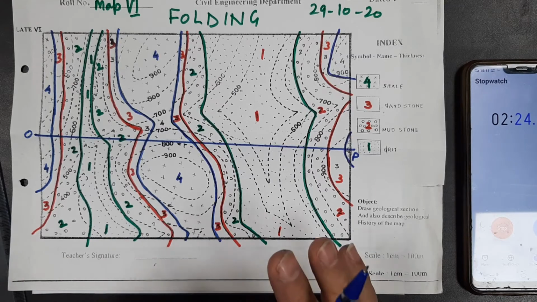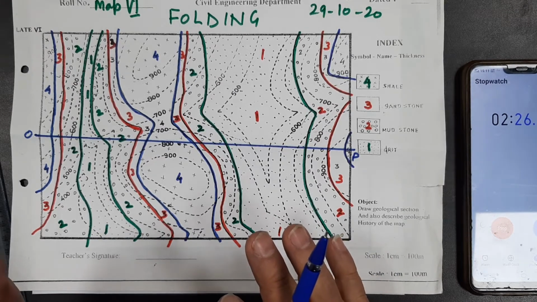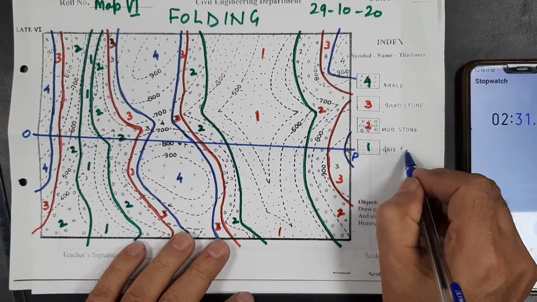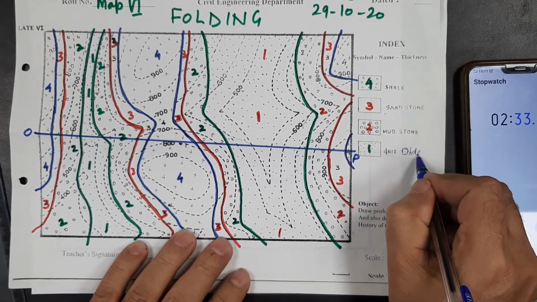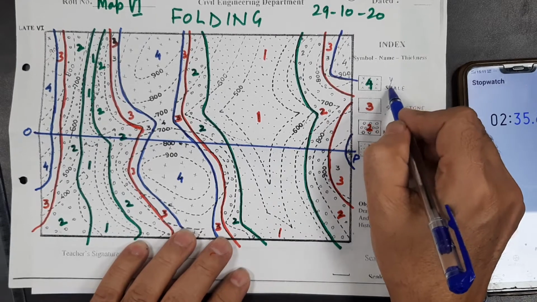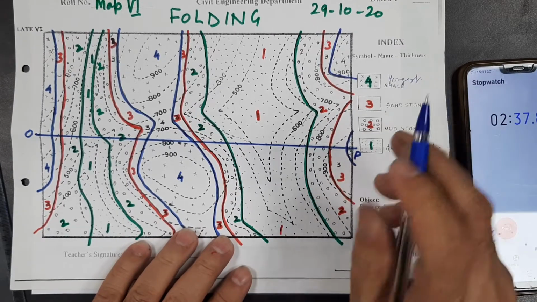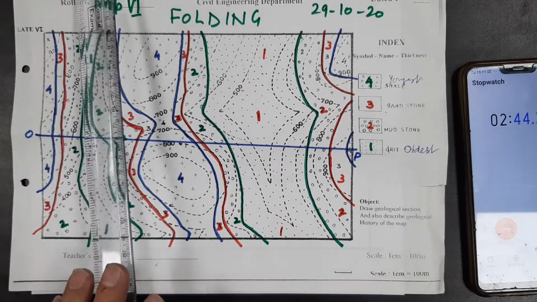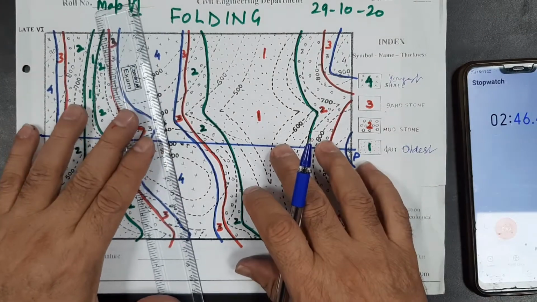I can have some idea where there will be a change if I know which rock is oldest and which rock is youngest. As per the index, this seems to be the oldest rock and this seems to be the youngest rock, and from theory we know that a syncline lies in the youngest rock and an anticline lies in the oldest rock.